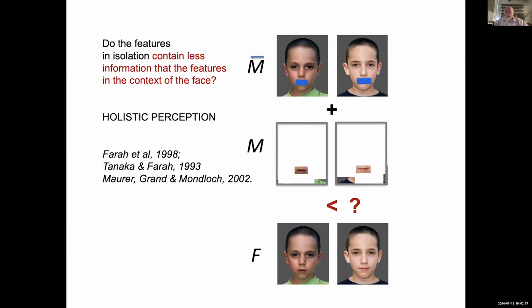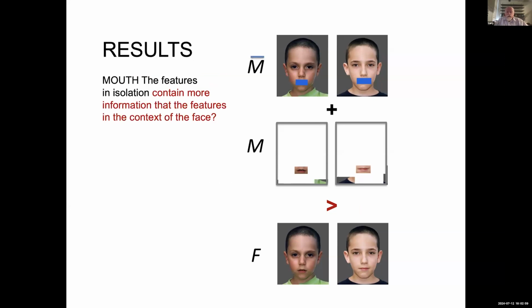And the brief answer is no. Basically, it's not holistic. It's not additive. And it seems almost as if it is difficult, if not impossible, to extract all the information in the face that you could get if you examined the features in isolation, which is, again, an intriguing result.